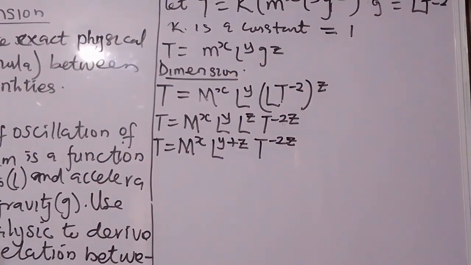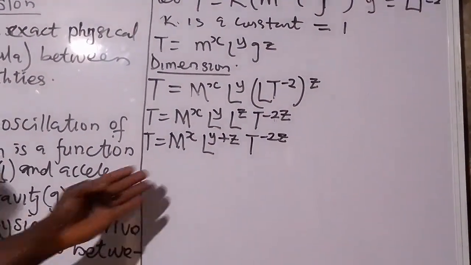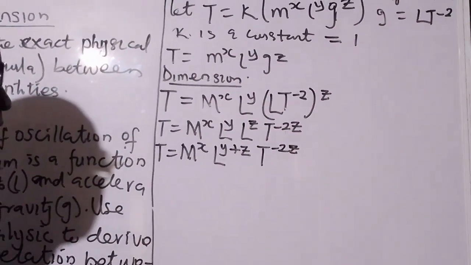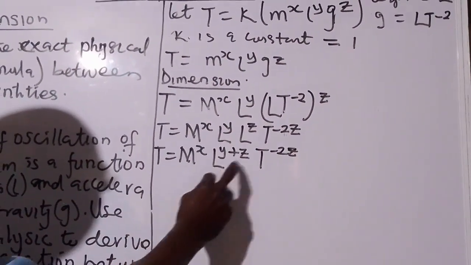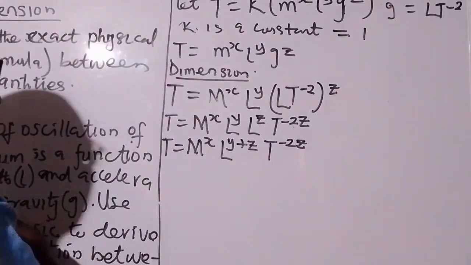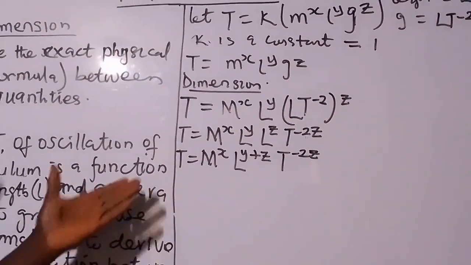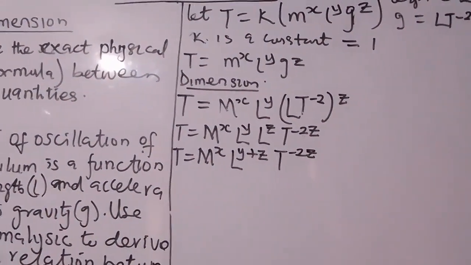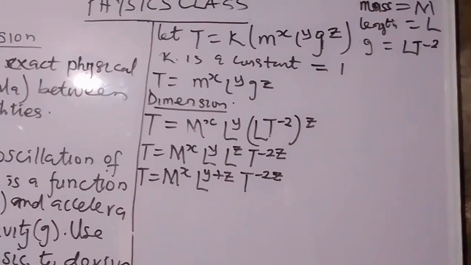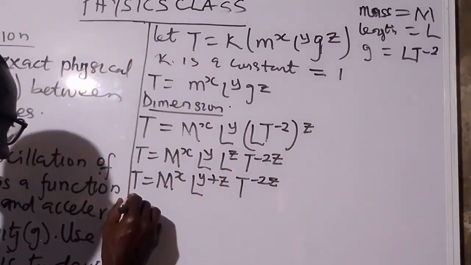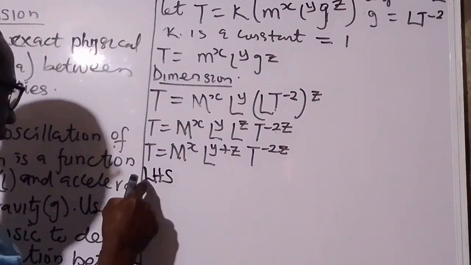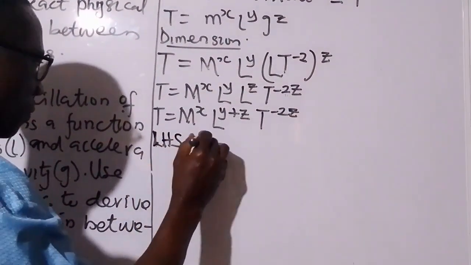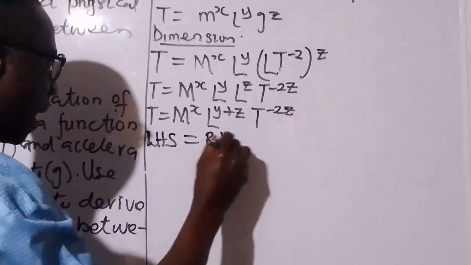Now, in the right-hand side, we have three quantities. That is mass, length, and period. But here, in the left-hand side, we have just one quantity, which is period. What we are going to do now is we must balance the equation by saying the left-hand side must be equal to the right-hand side.